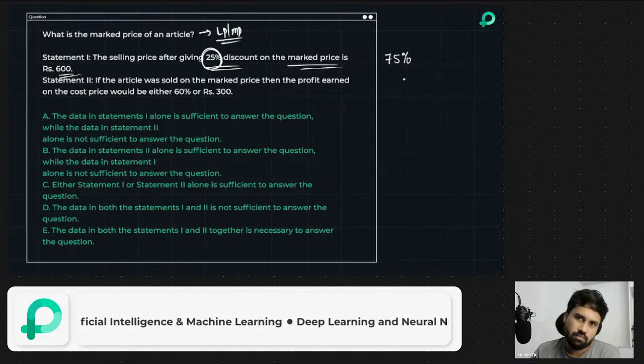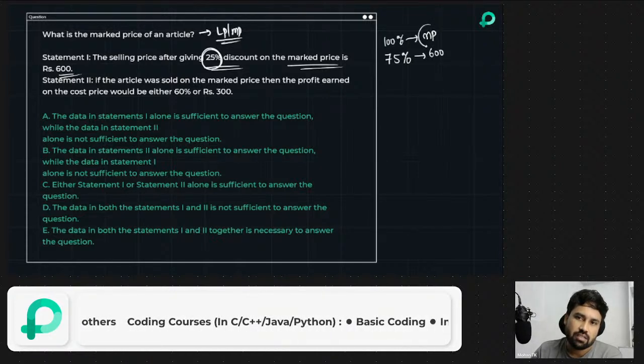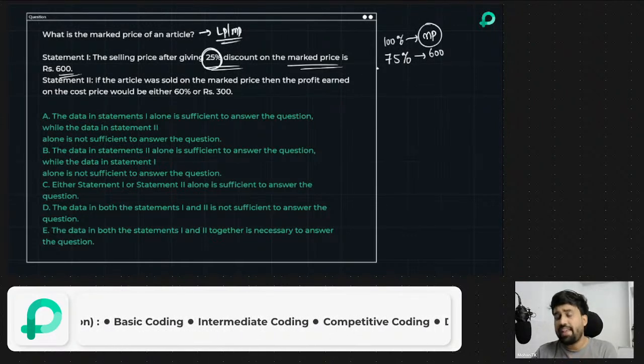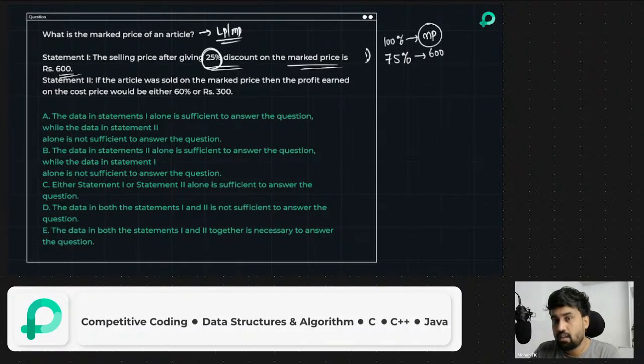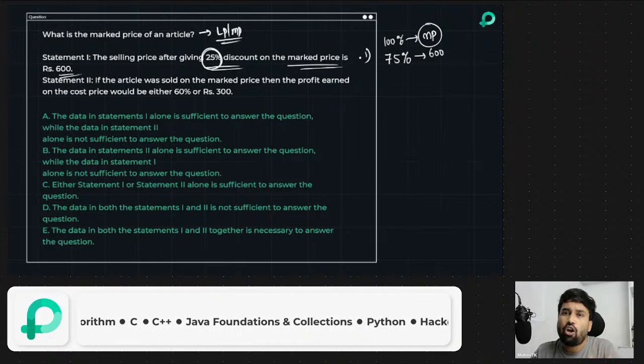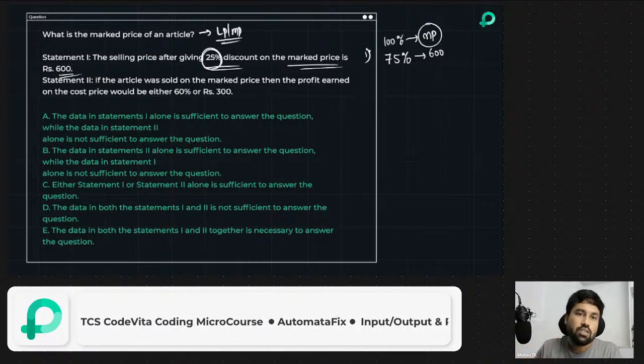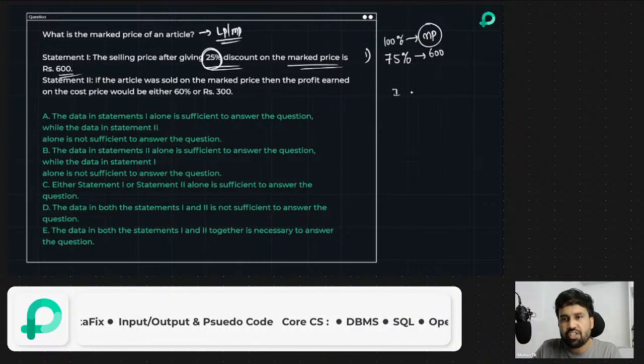So if 75% is 600, you can find the 100% value, which is the market price. Here I am not saying find the answer; I am saying, can you find it or not? Yes, we can, if you know the profit and loss concept properly. So statement 1 alone is sufficient to answer the question.